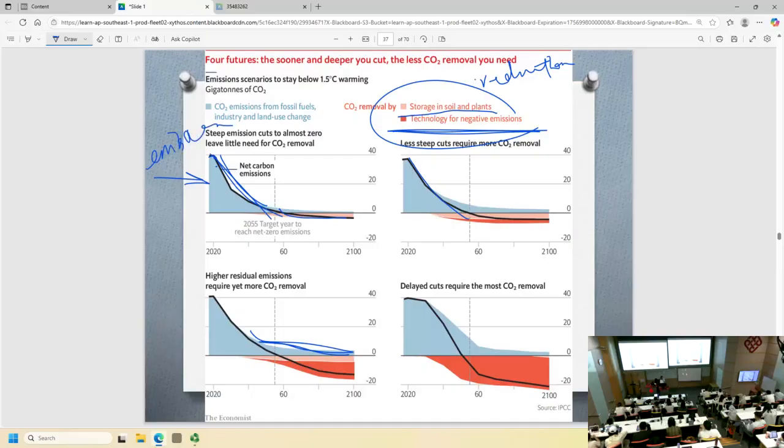So if you don't reduce the carbon dioxide emissions, then you have to employ more advanced technology. In this case, you didn't cut the carbon dioxide emissions and then you still have a certain amount of emissions, then you have to employ a lot of advanced, expensive technology for cutting the carbon dioxide.